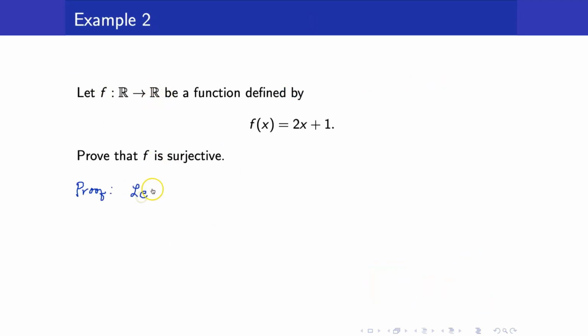Just to indicate that we are working in the codomain, I will use b. Let b be a real number. And then, for the scratch work, which is step 2 and is not included in the proof, find a such that f of a is equal to b.